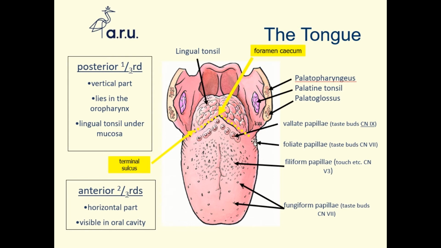Then we can see some vertical folds of the mucosa over here on the side of the tongue. These are known as the foliate papillae. Then we can see different mucosal elevations which look like fungiform elevations popping out from the surface of the tongue. These circular elevations over here are known as the fungiform papillae.